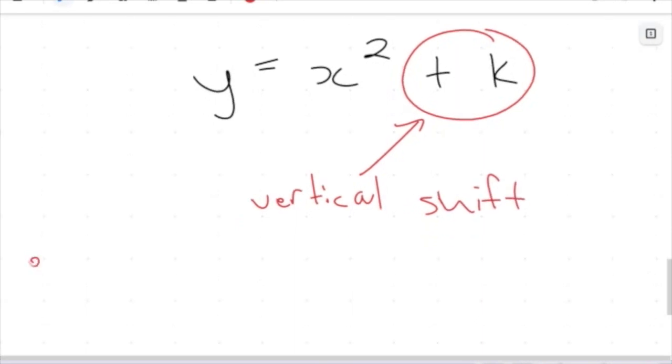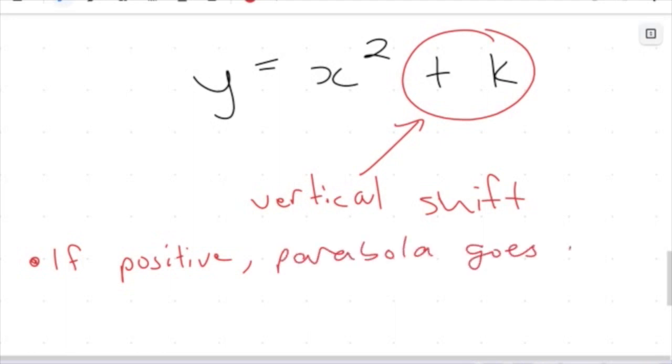If positive, my parabola goes up by the value of k.